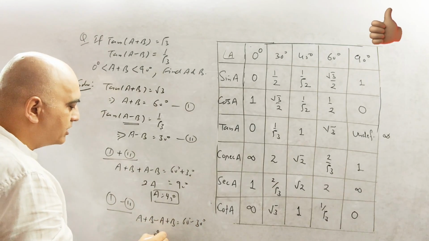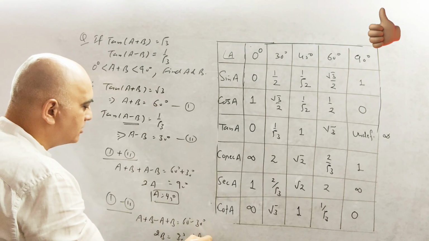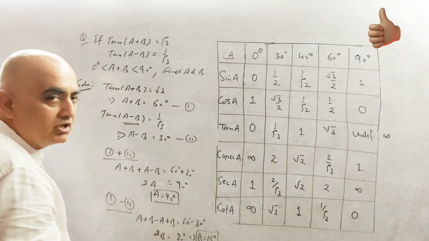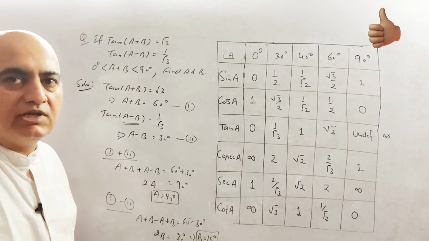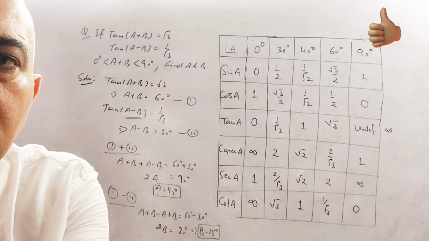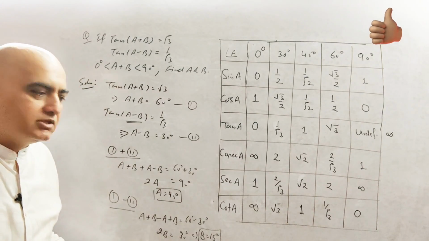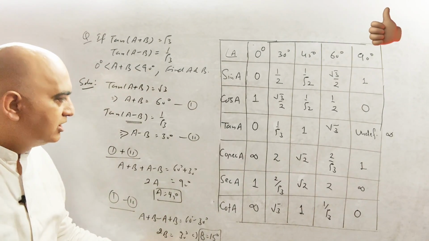That will cancel, that is 2b is equal to 30 degree. In this way, we can obtain this value, that is b is 15 degree. So we can evaluate the value of a and b easily.